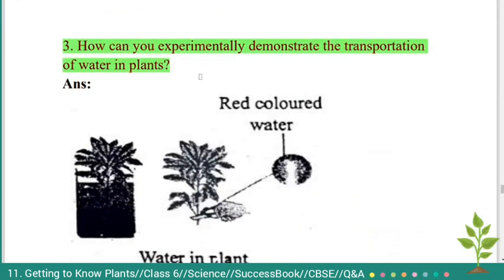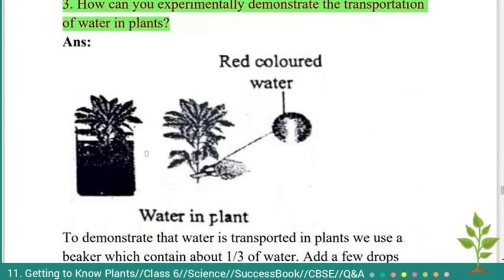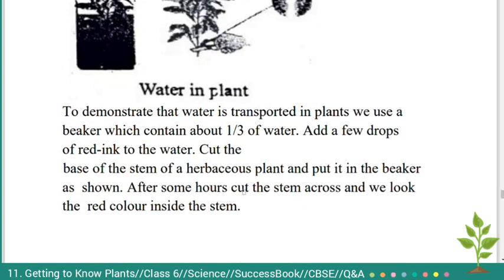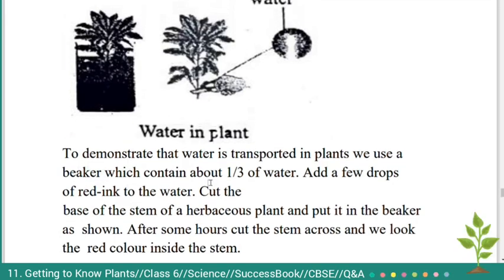Third question. How can you experimentally demonstrate the transportation of water in plants? Answer. So this is the figure for transportation of water in plant. To demonstrate that water is transported in plants, we use a beaker which contains about 1/3 of water.